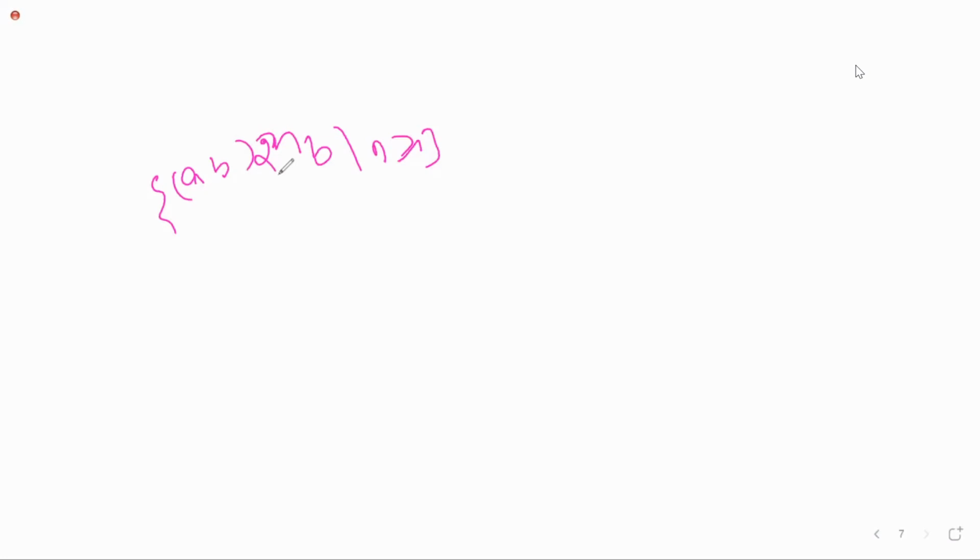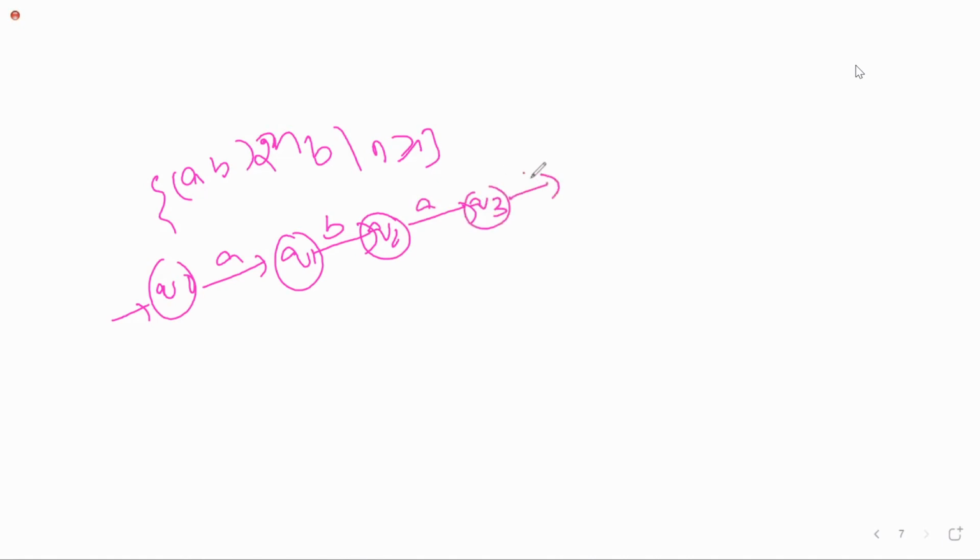Done, ma? How will you draw? Q naught on A is going to Q1, Q1 on B is going to Q2. Again, Q2 on A is going to Q3, Q3 on B is going to Q4. Okay.